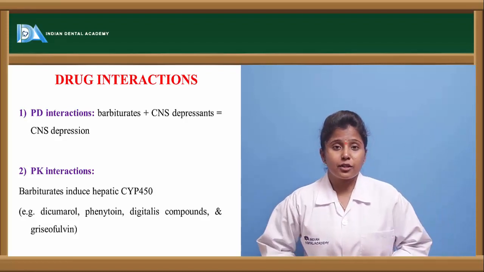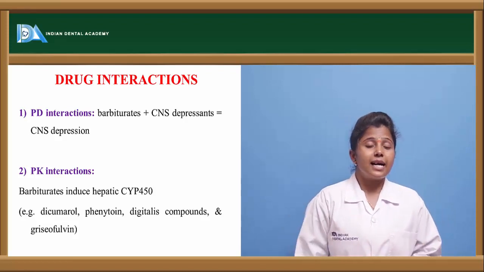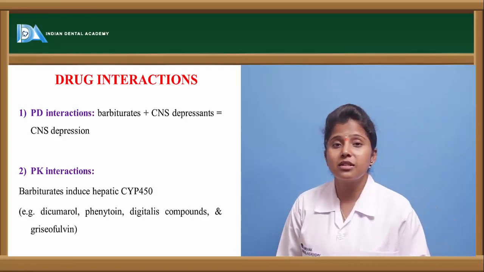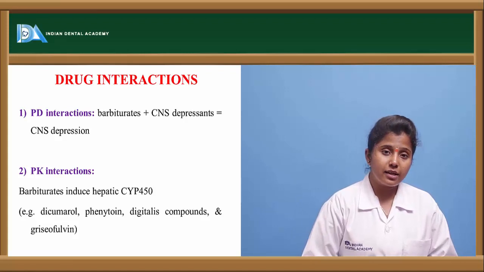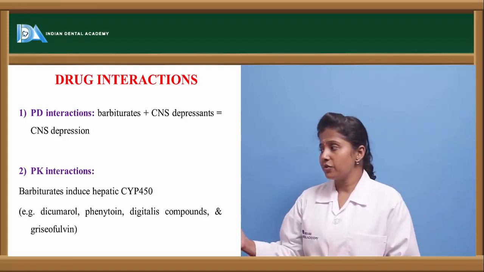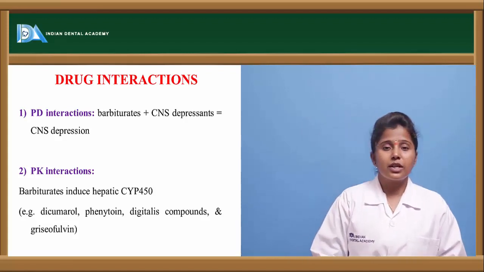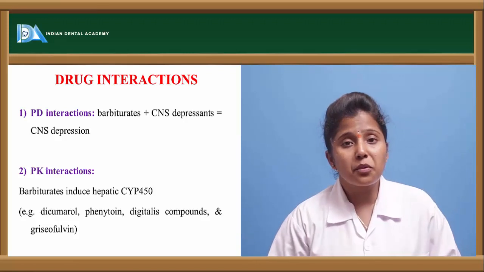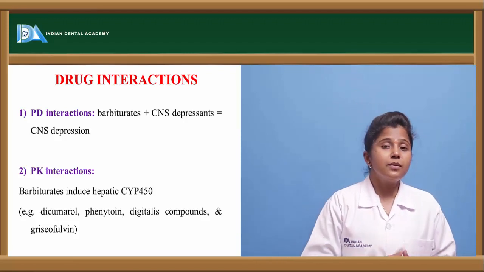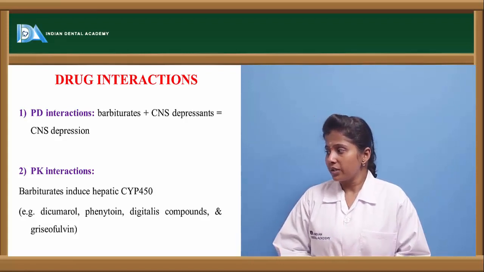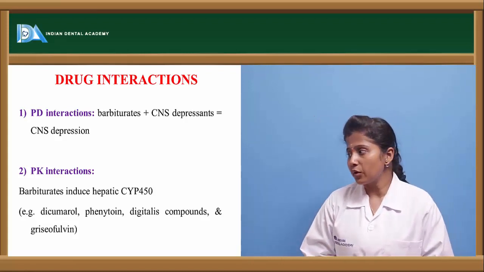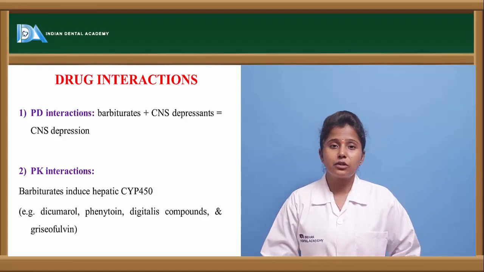They suppress the action of the CNS, thereby the action is potentiated, or it shows a synergistic effect. And in PK interactions, that's pharmacokinetic interactions, these barbiturates induce hepatic cytochrome P450. So there's a protein which is involved in the various metabolic reactions. For example, drugs like dicumarol, phenytoin, digitalis compounds, and griseofulvin.